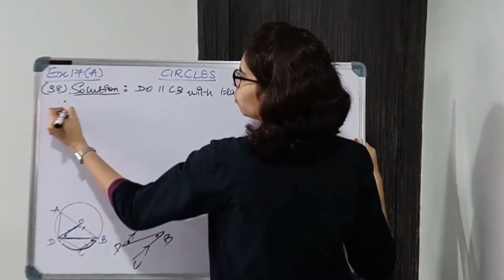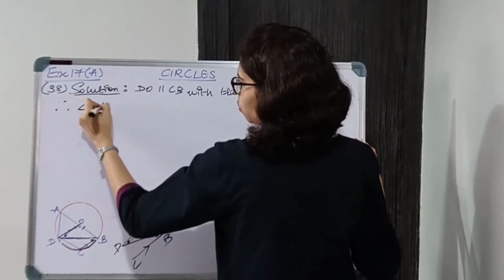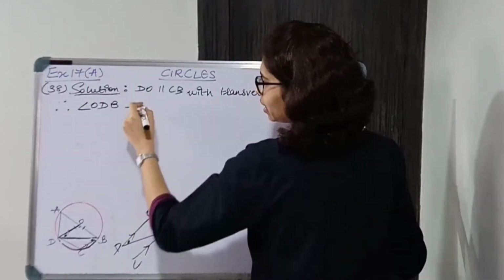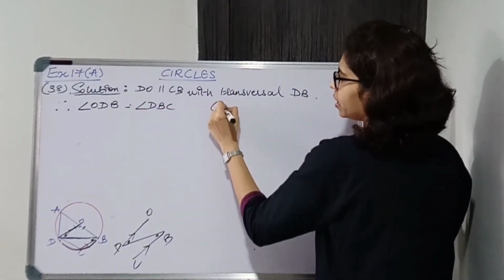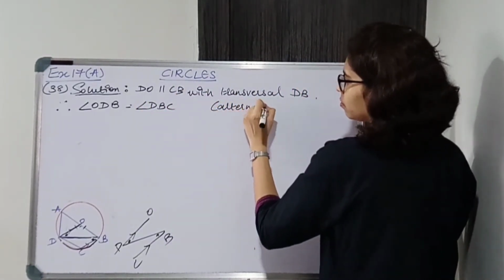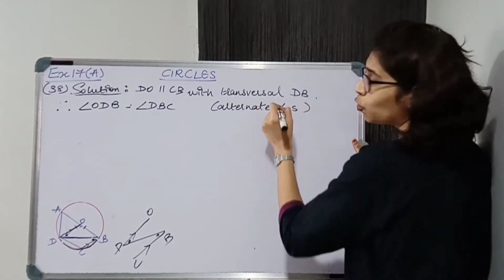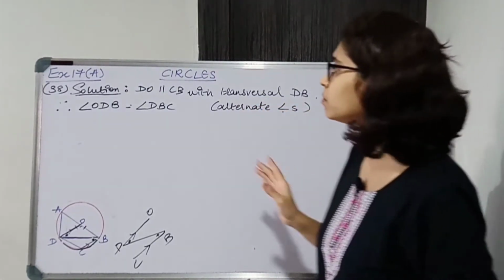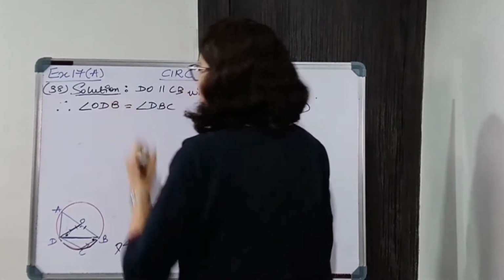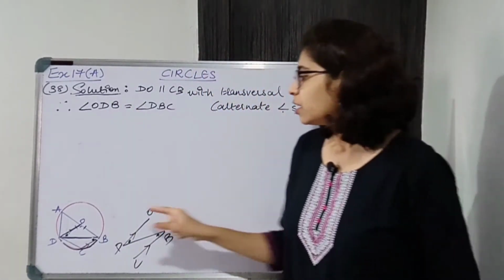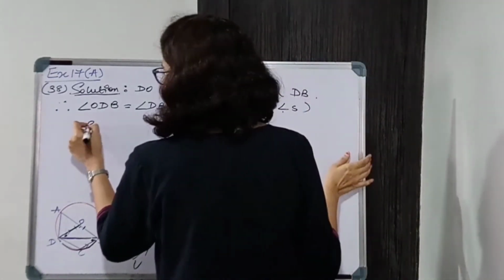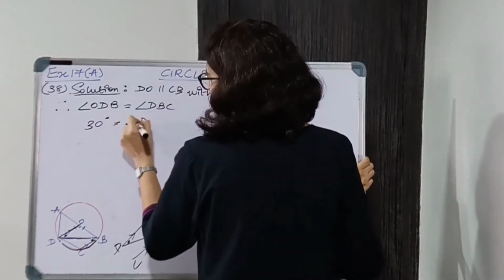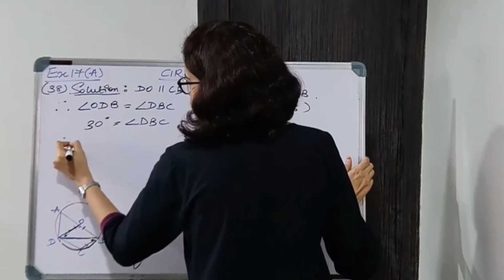So therefore angle ODB is equal to angle DBC. Alternate angles. Don't use short forms, don't draw such symbols. Full words have to be written, full statements have to be written. So ODB and DBC are equal. ODB we just found is 30 degrees. So angle DBC is also equal to 30 degrees.